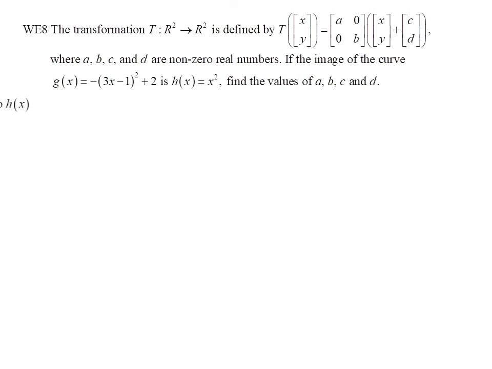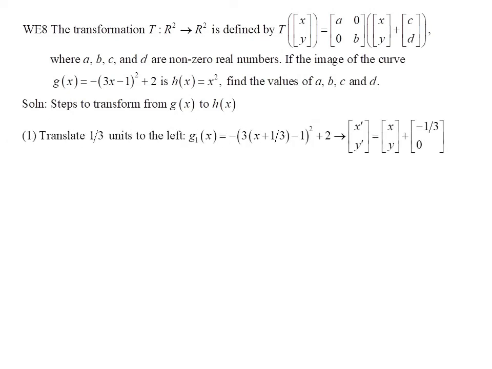Now, the first approach. In the first approach, the first step of transformation is to translate 1/3 units in the negative x direction, which means to replace x with x plus 1/3 in g(x). The corresponding matrix equation to perform the same transformation is also shown.